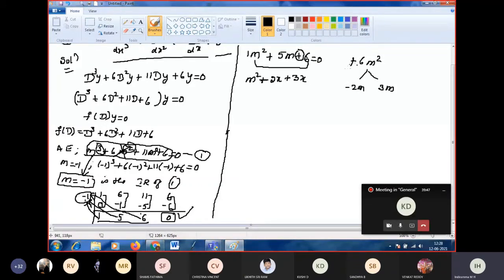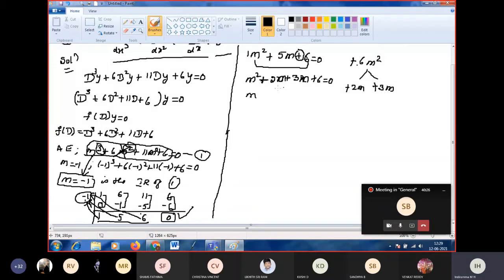It is plus, not minus. M is equal to minus 3 and minus 2. Plus 2m and plus 3m, plus 6 equal to 0.